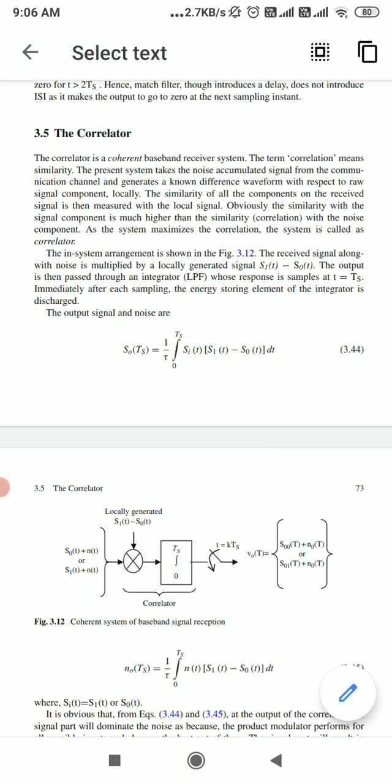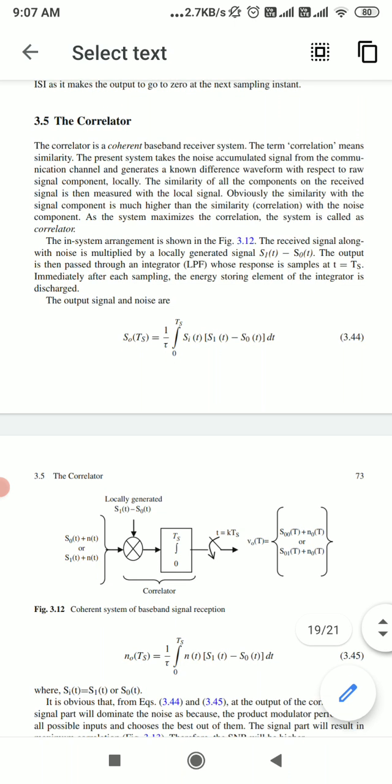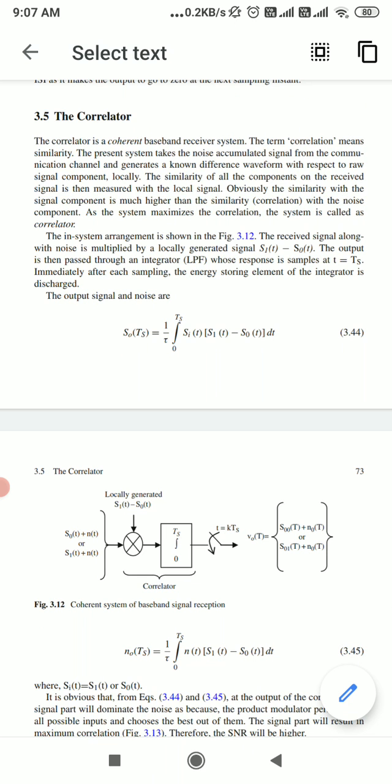Immediately after sampling, the energy storing element of the integrator is discharged, and the output signal we will get as S0(Ts) equals 1/2 integration from 0 to Ts of Si(t) [S1(t) minus S0(t)] dt.